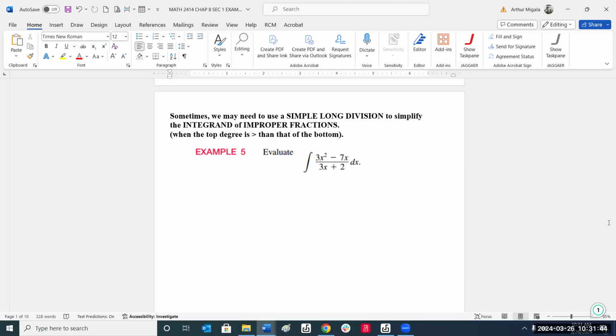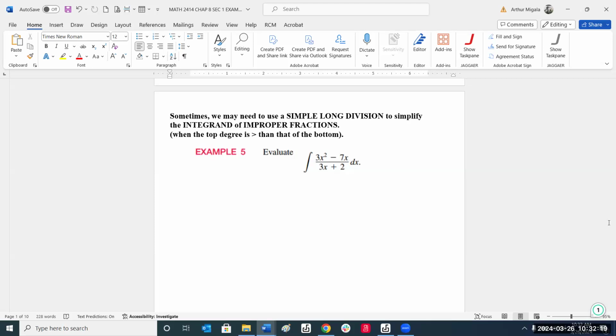We have 3x squared minus 7x over 3x plus 2 dx. Basically, it's when it's an improper rational expression. As x goes to infinity, if the top degree is larger than the bottom degree, then we will usually do the long division.